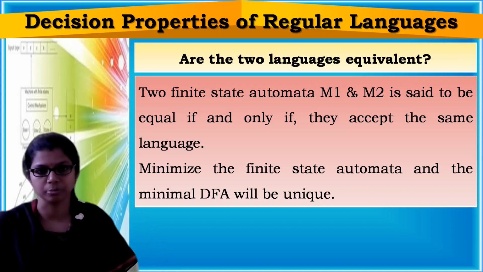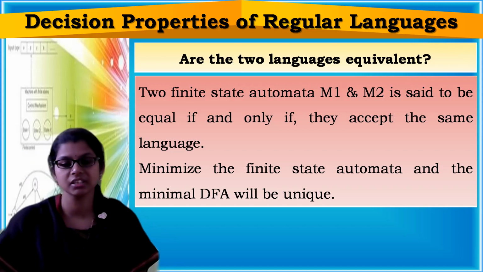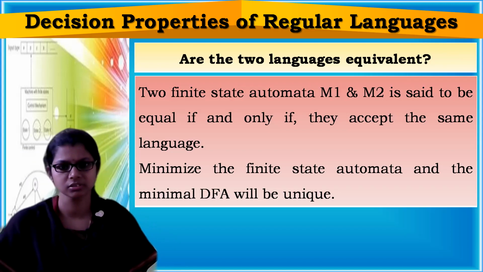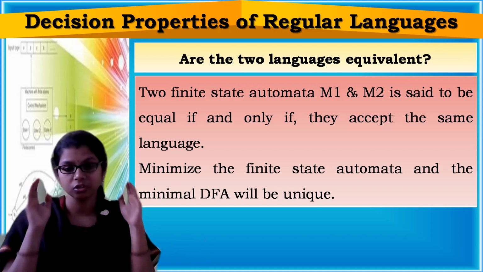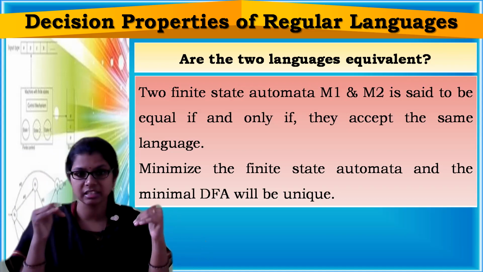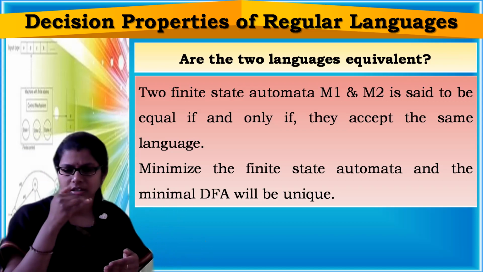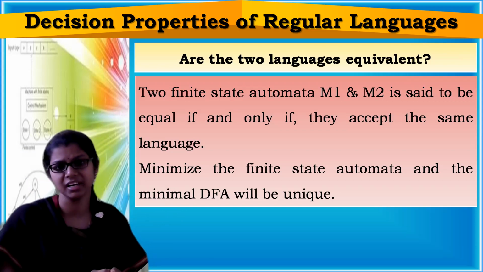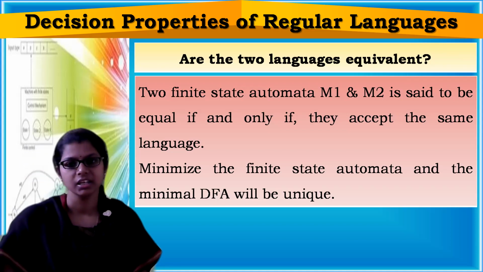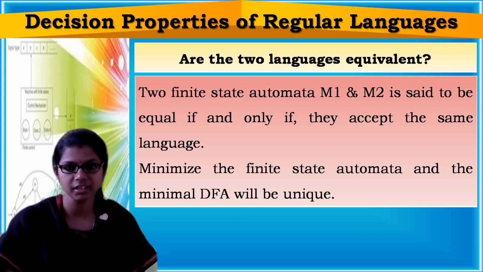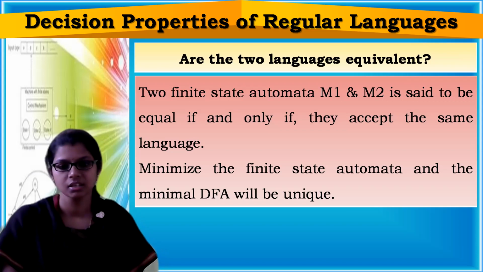In this way, you can find whether two languages are equal or not, because a language is represented by finite automata. By minimizing the finite automata, if the minimized DFAs are the same, then you can say that both languages are equal. So in this way you can answer this question.